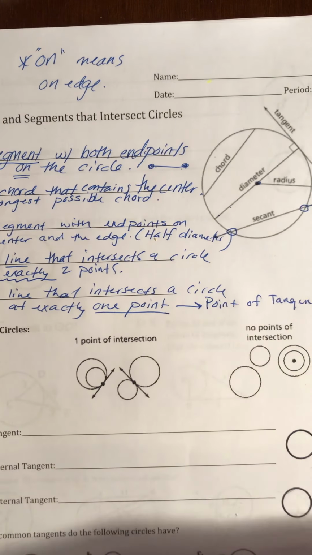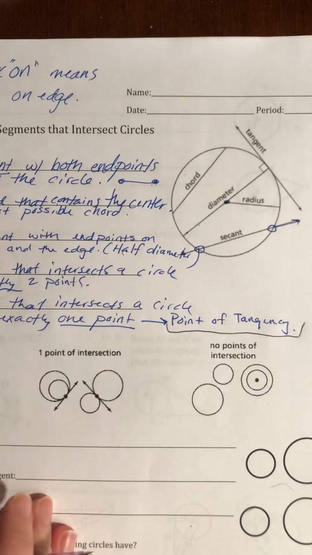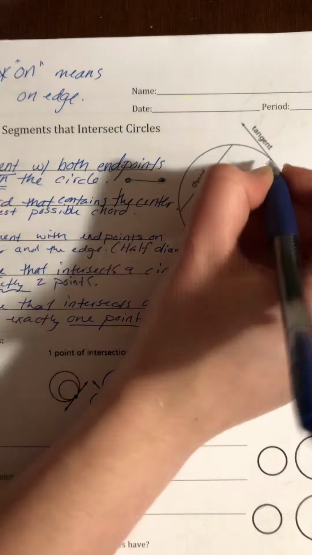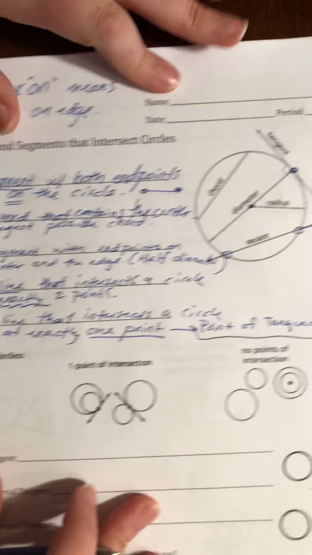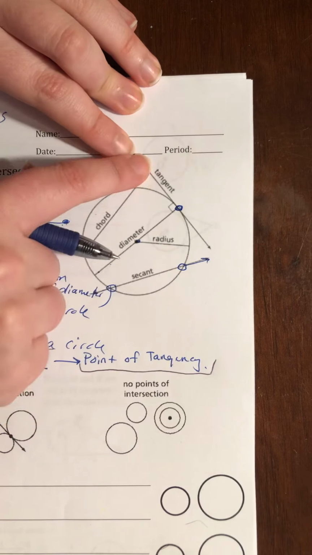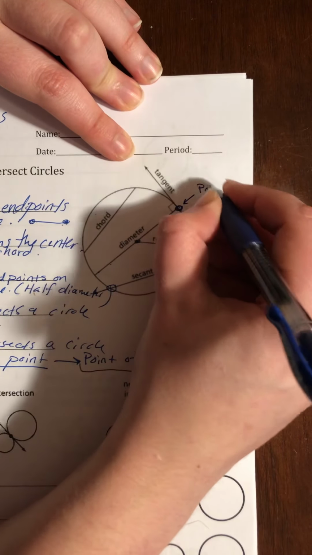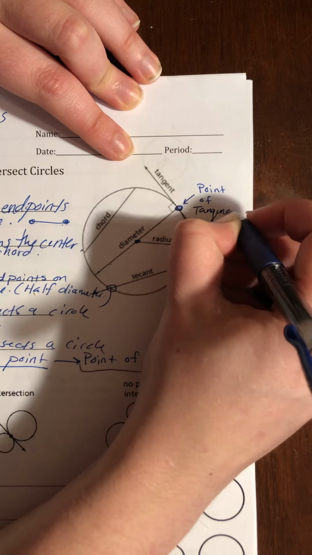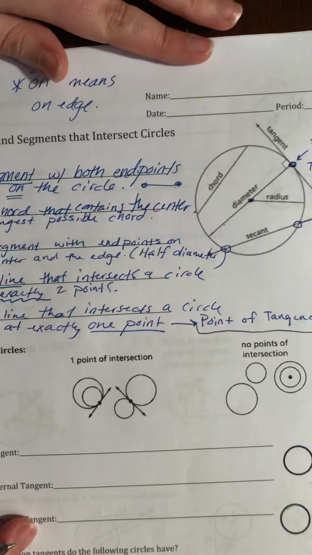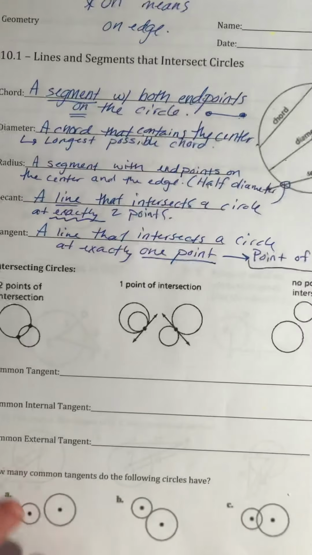So that is kind of an important term to know. So that's called the point of tangency. All right. So here, this tangent, it's passing by, it's touching it at one spot, and it's touching it at the point of tangency. Okay? So that is the basic pieces of a circle.